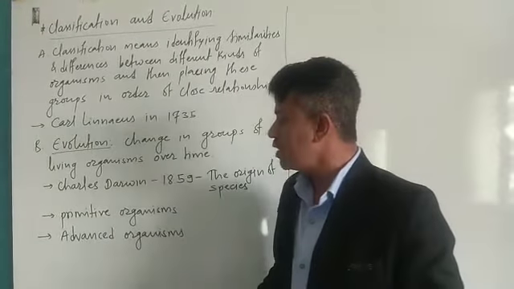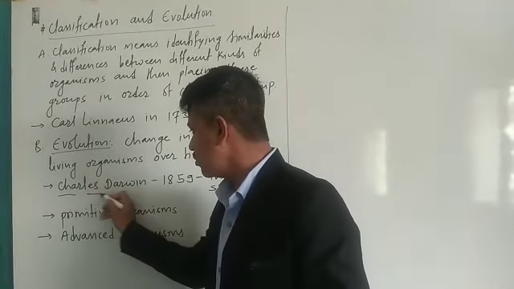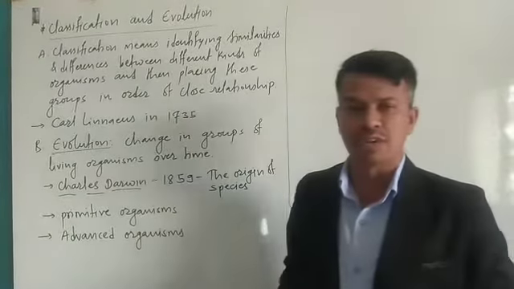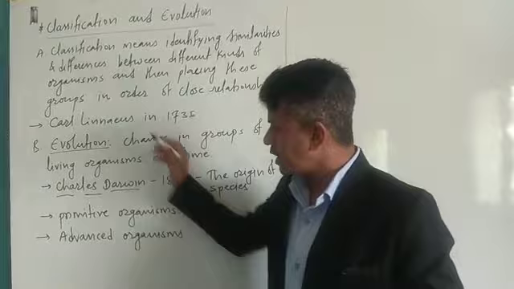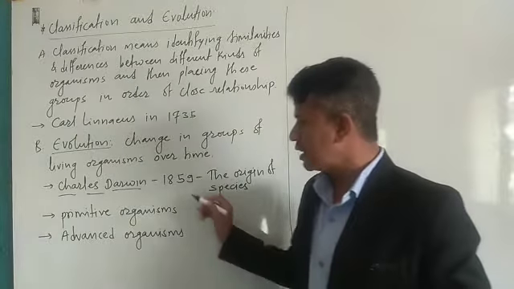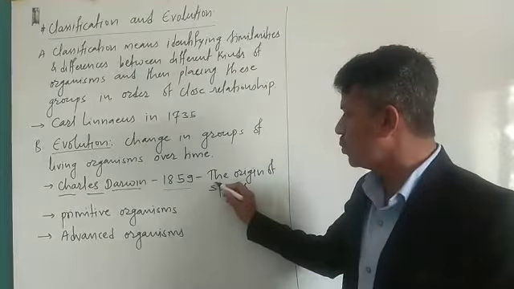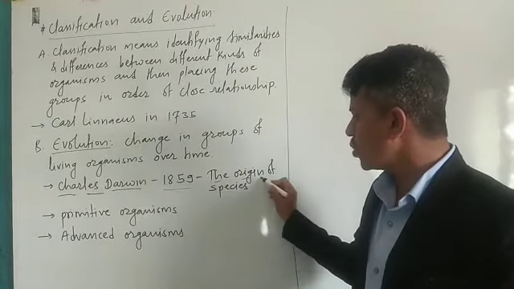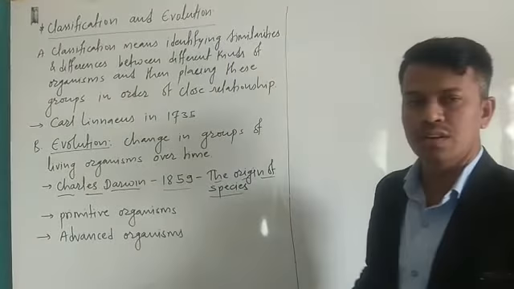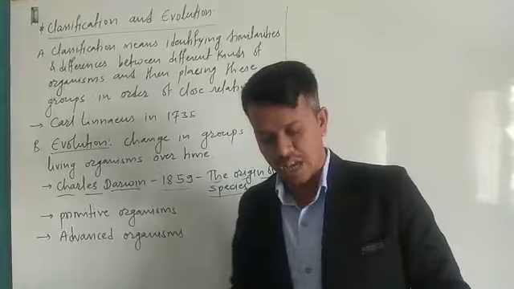This evolution was first described by the great naturalist Charles Darwin. He described evolution in living organisms in 1859 in his book, The Origin of Species, by Charles Darwin.